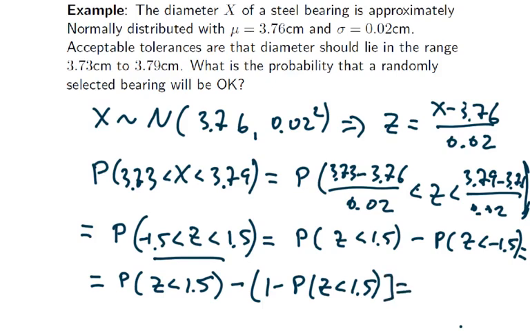And therefore, all together this equals to 2 times probability that z is less than 1.5, or 2 times value of phi capital at 1.5 from the table for normal distribution minus 1. And this value of phi at 1.5 is, find it yourself in the table for normal distribution.